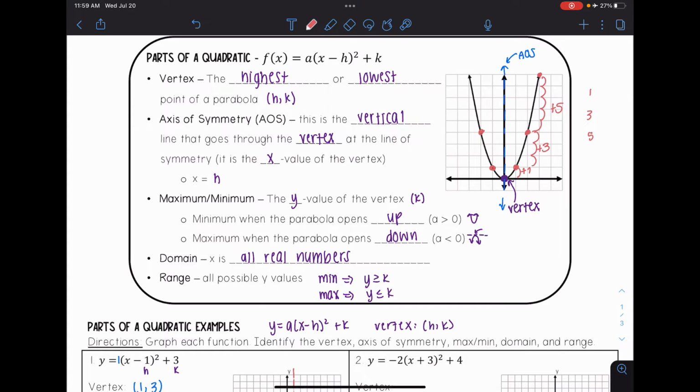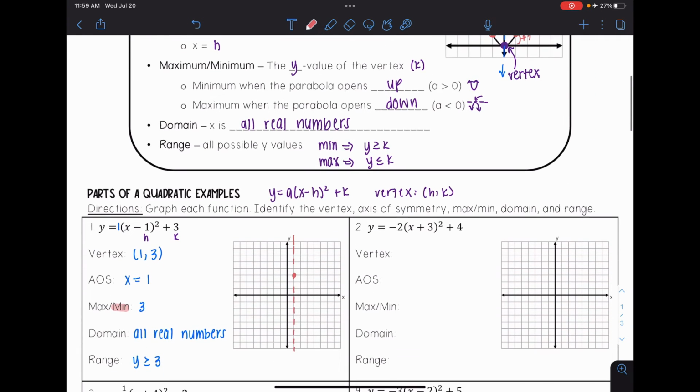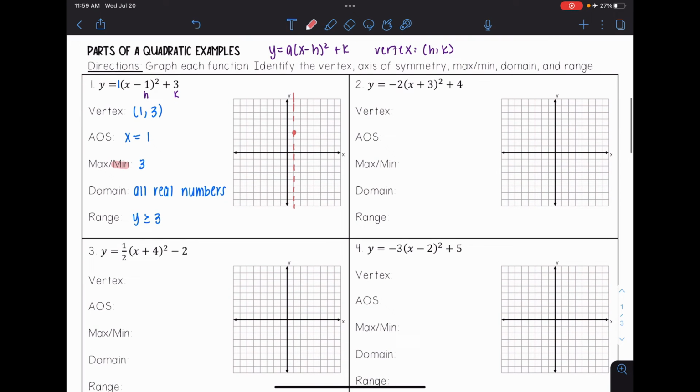That's going to be the case every time until we introduce a different a, which I'll show you on the second one. Here my a is just 1, so I'm following the 1, 3, 5 rule. So I go up 1, right 1, reflect it, up 3, over 1, and the same thing on the other side. And then I can draw in my parabola.